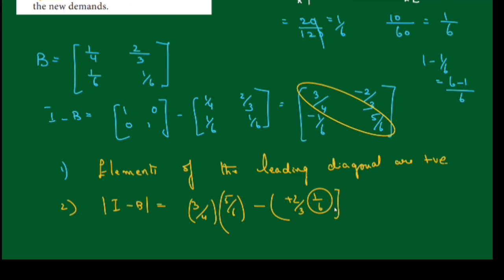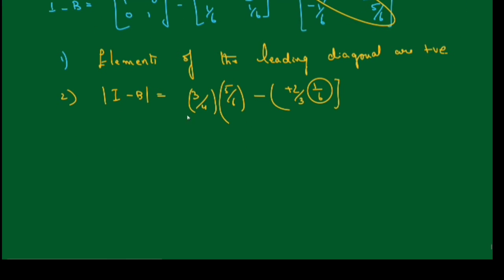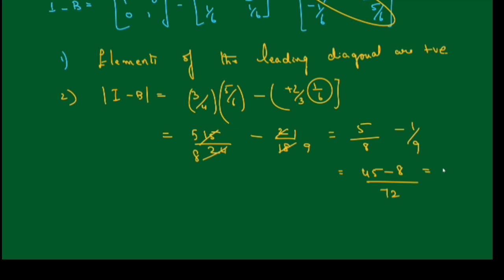So what is this equal to? 3 by 4 into 5 by 6 is 15 by 24 minus 2 by 18. You can use the calculator or keep it as a fraction. In the last step you can use the calculator. So this is 37 by 72.